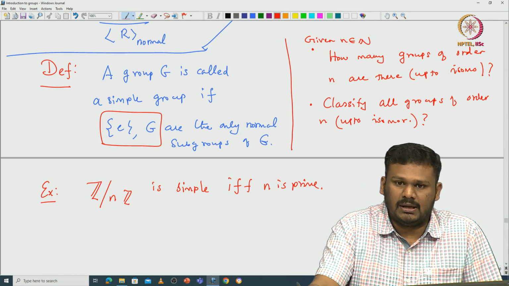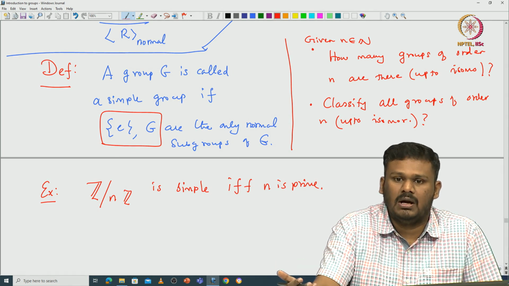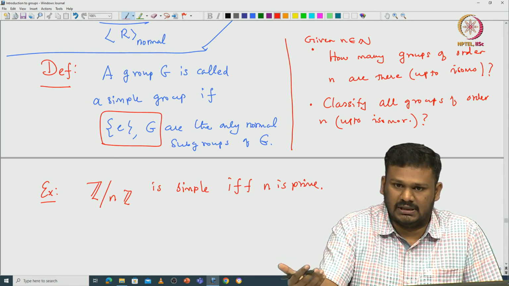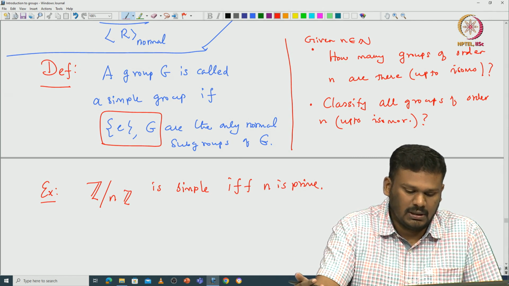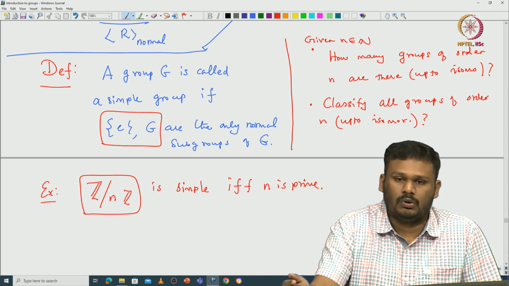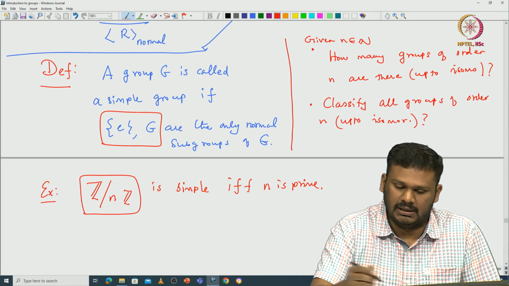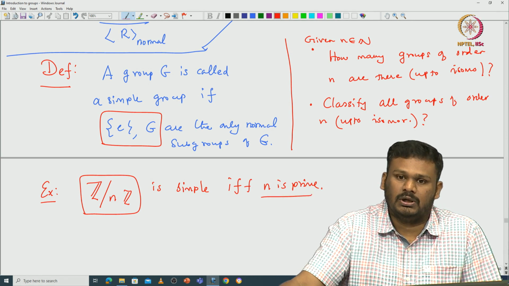When n is not prime, if it is a composite number, we already proved that given any proper divisor D, we will have a subgroup of order D. Since it is an abelian group, any proper subgroup will be a normal subgroup. If it does not have any proper subgroup, then it must correspond to a prime number.